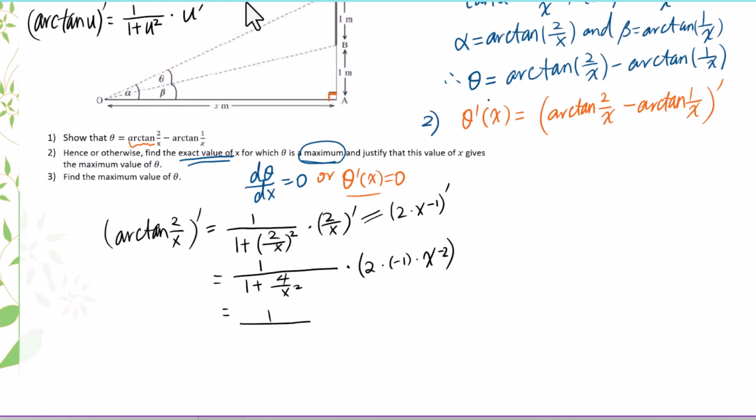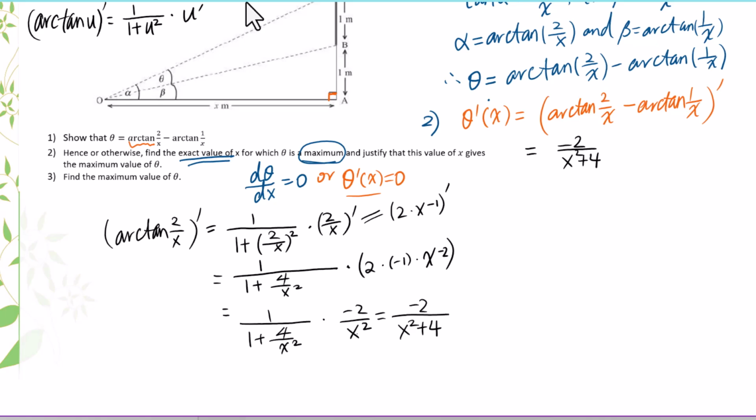Simplify: 1 over 1 plus 4 over x squared times negative 2 over x squared. Multiply the denominator, distributive property, x squared plus 4. The numerator is negative 2. So it equals negative 2 over x squared plus 4.